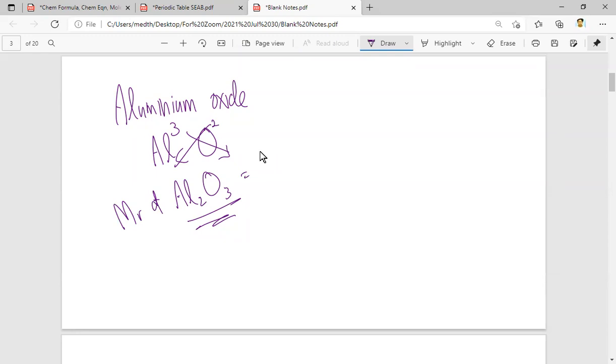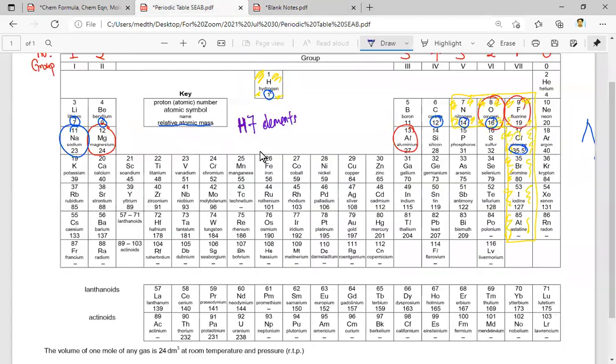How to find? Mr is a relative mass, right? So I know this is made of 2 aluminium plus 3 oxygen. So let's find aluminium. Aluminium is over here. The mass of aluminium is 27. The mass of oxygen is 16.